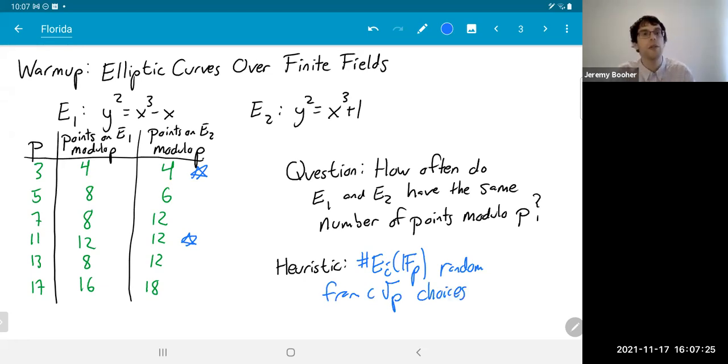So if you believe this heuristic, these two elliptic curves should have the same number of points with probability roughly 1 over a constant times the square root of p. So you'd expect it to happen for infinitely many primes, but it won't happen too often.